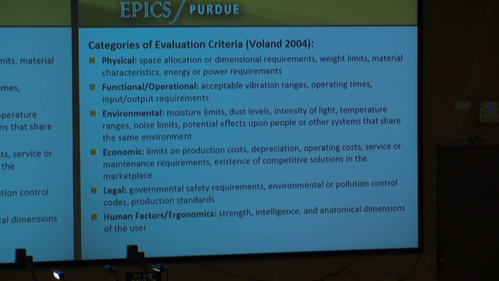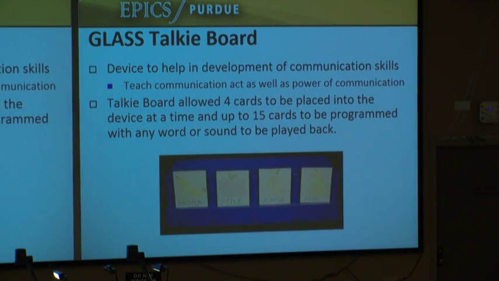And actually there's a universal design calculator that can show you how universal your design is, what percentage of the population can participate in using the design. So just as an example, I think this is used in the design process. One of the projects that the glass team had worked on for a while was the talkie board. It's been replaced by the Herd. But originally they came to us and they wanted this device.